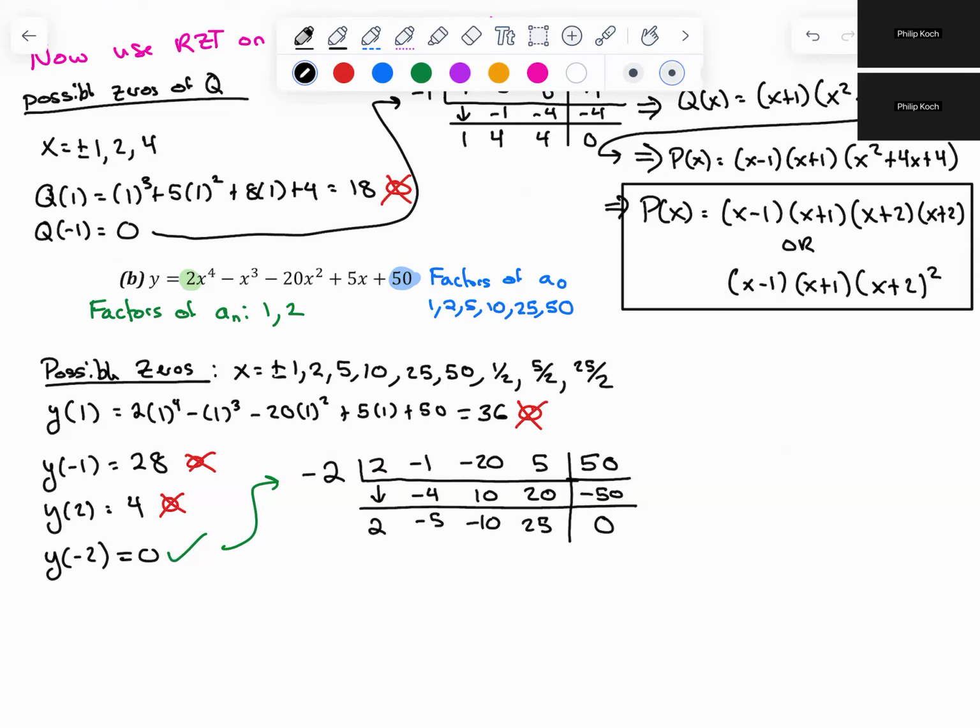Since we got 0, we know we're good. So this means that y of x is equal to x plus 2, because it's x minus -2, times 2x cubed minus 5x squared minus 10x plus 25.